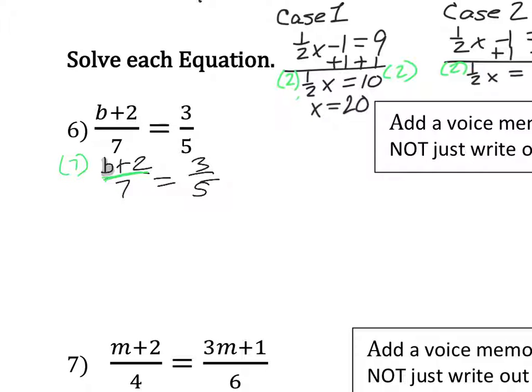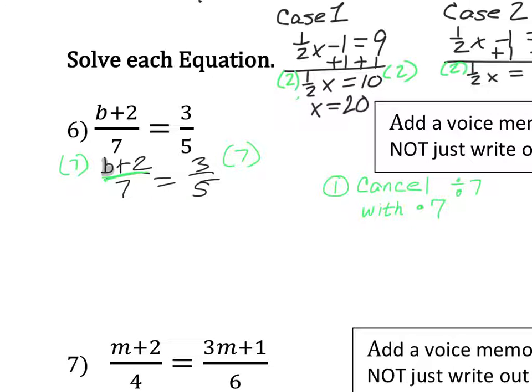And we've got to multiply both sides by 7. So the first thing I needed to do was cancel. I was dividing by 7, and we canceled it out with multiplication by 7. So that 7 is in the denominator. It needs to get out of there so that we can solve for b. So I'm going to multiply both sides by 7.